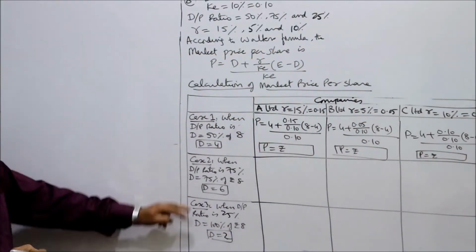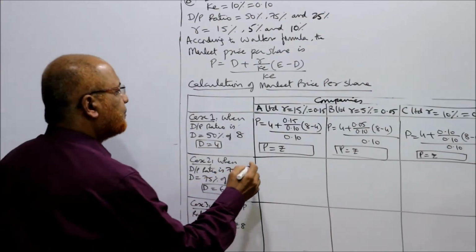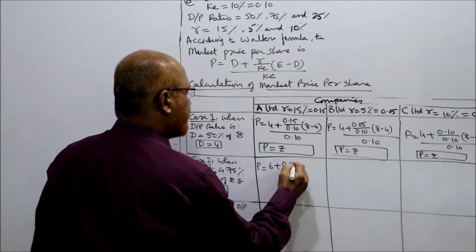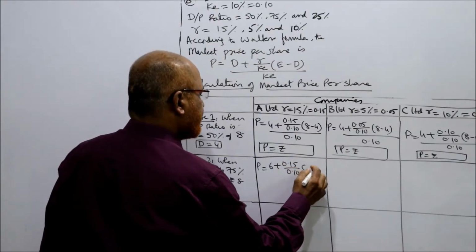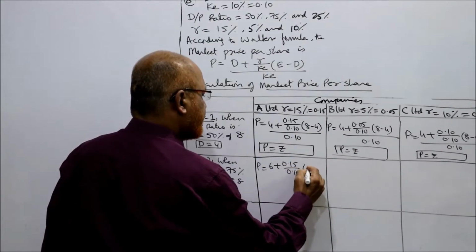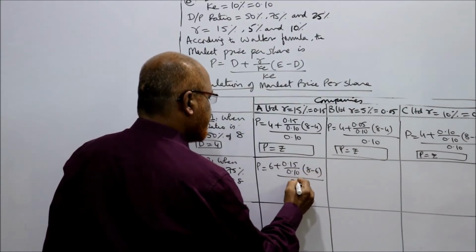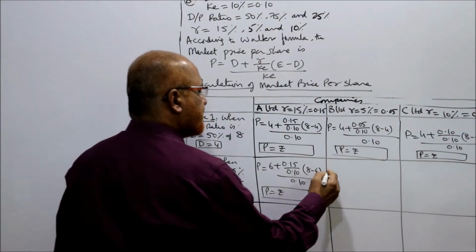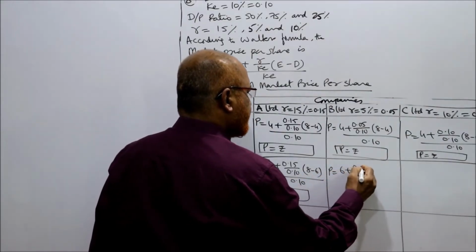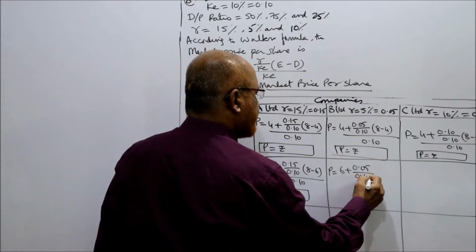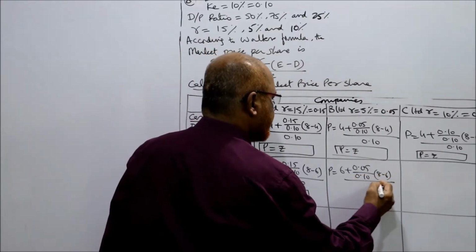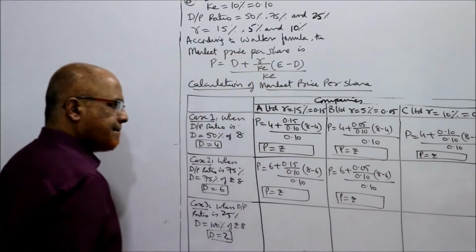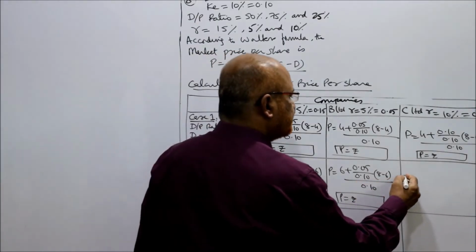First row completed, second row. P is equal to 6. Last two.